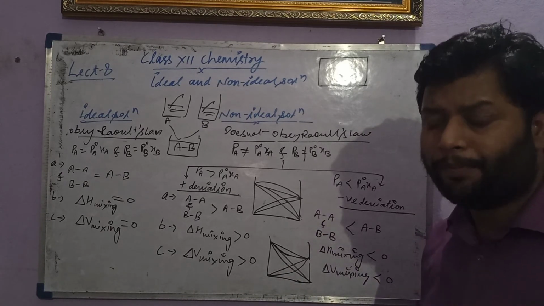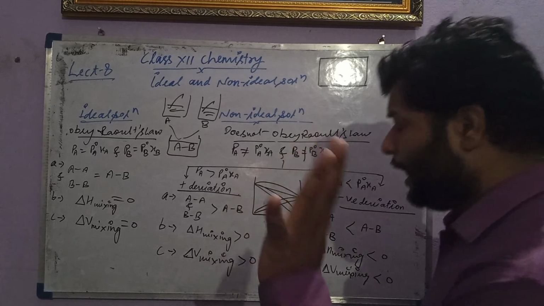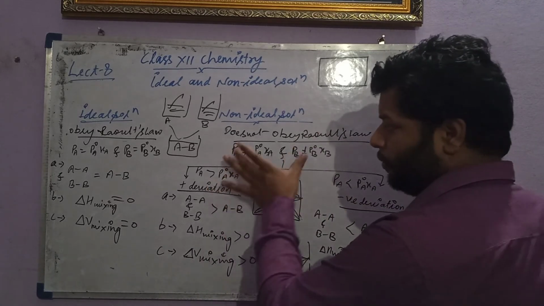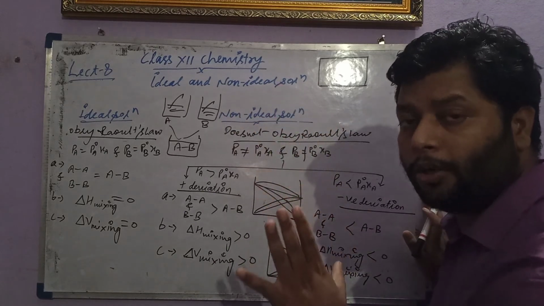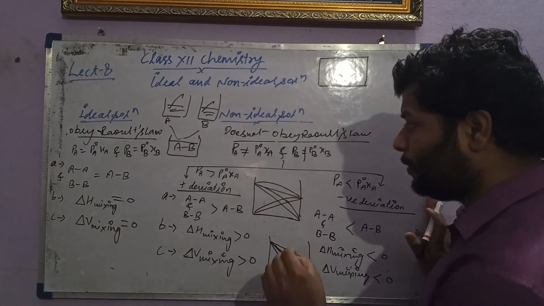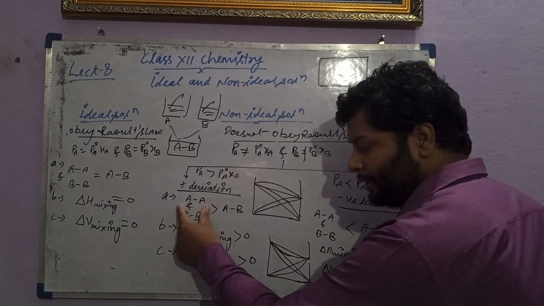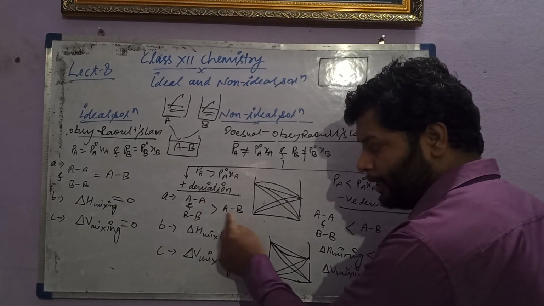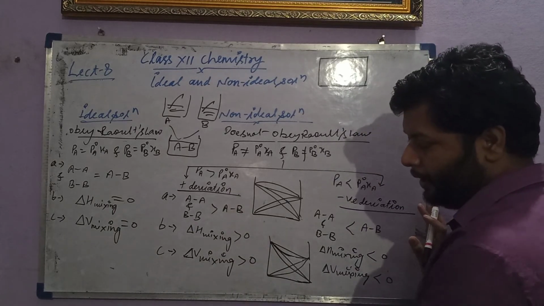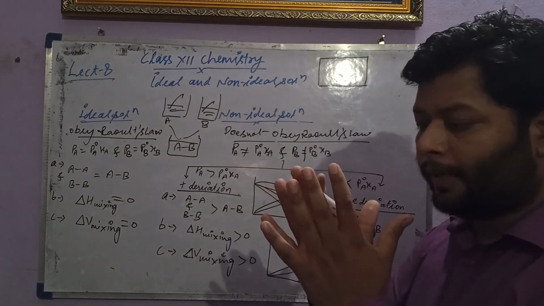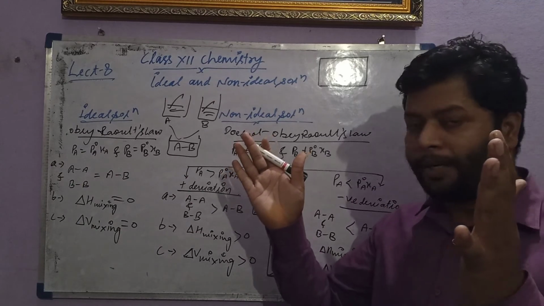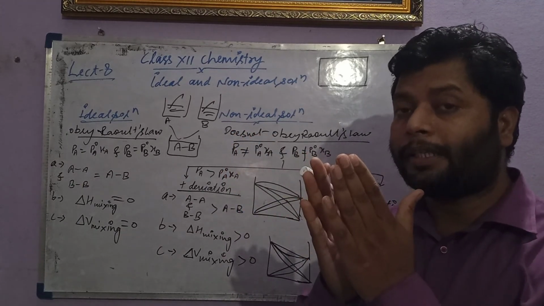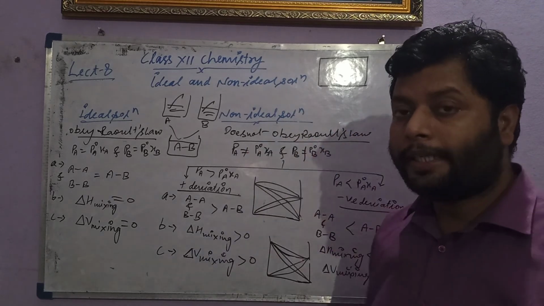I am repeating one more time. Always, when we study non-ideal solutions, we have to learn the force of attraction between individual molecules and between two different molecules. If two different molecules come closer, they will decrease the volume and make a bond. The force of attraction will be greater, and that will decrease the enthalpy.